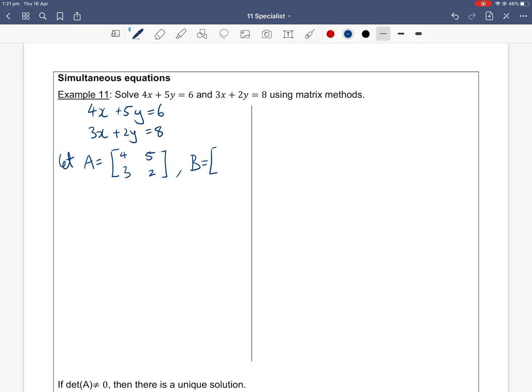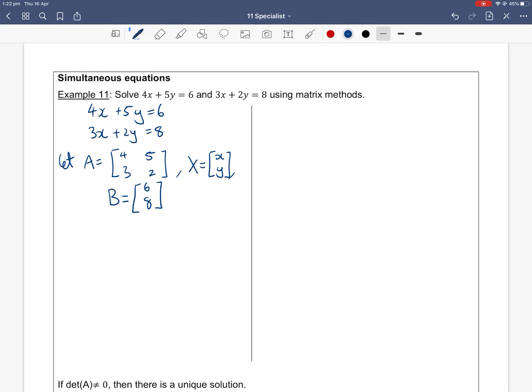Sorry, not B. X is going to be my column matrix of variables, X because I'm trying to find the unknowns, x and y. And lastly, B is going to be my matrix of what the equations equal to, so B will be 6 and 8 as a column matrix.